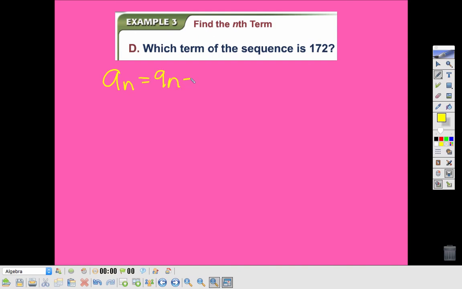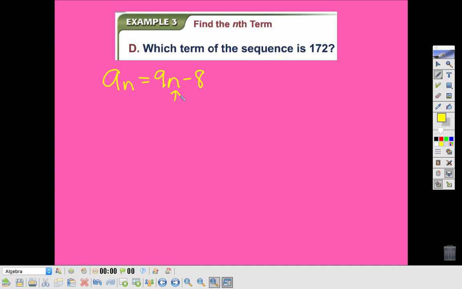Which term in the sequence is 172? So let's rewrite out our a sub n equals 9n minus 8. So this time, what are we actually plugging 172 in for? Is it asking for the 172nd number?